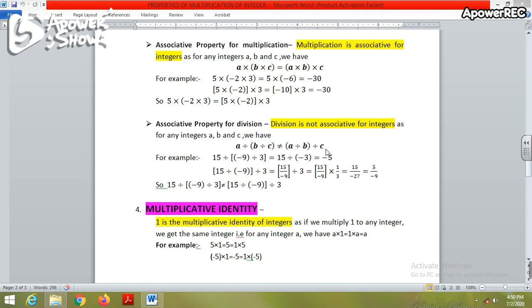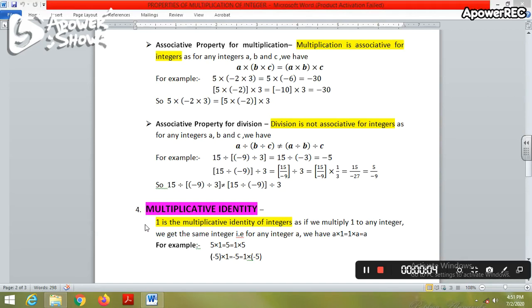So we are getting an example which shows that integers are not associative with respect to division. So from there we get that integers are associative with respect to multiplication, but they are not associative with respect to division.